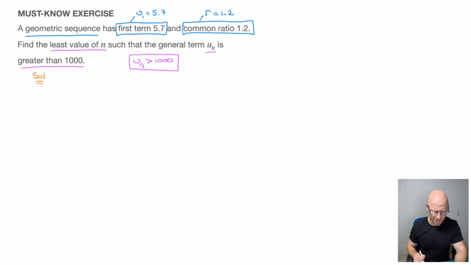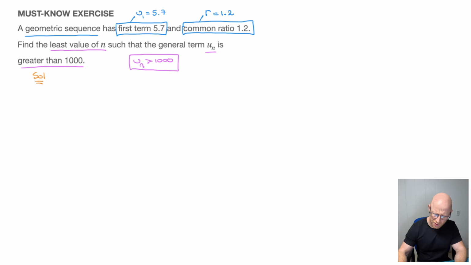Now here's the whole idea. Since we know that we're dealing with a geometric sequence, whose first term and common ratio are known, and since we need to figure out the first term in the sequence which is greater than 1000, that strongly suggests that we're going to have to make use of the formula for the general term, or nth term, of a geometric sequence.